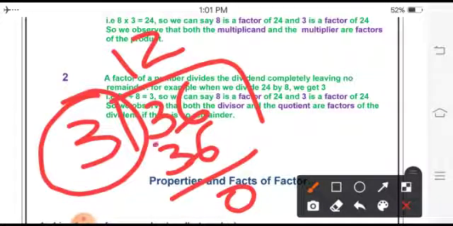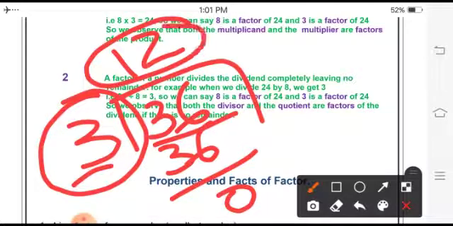Not only the divisor, but also the quotient we got is a factor of 36. But the condition is that the remainder should be 0. This is the definition of a factor: a factor divides a number exactly and the remainder is 0.